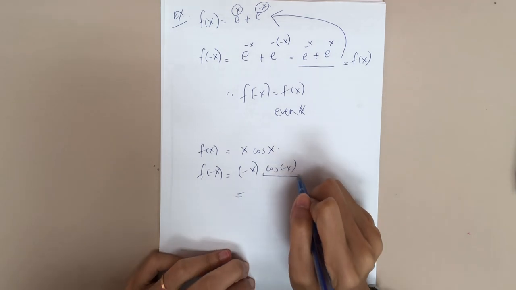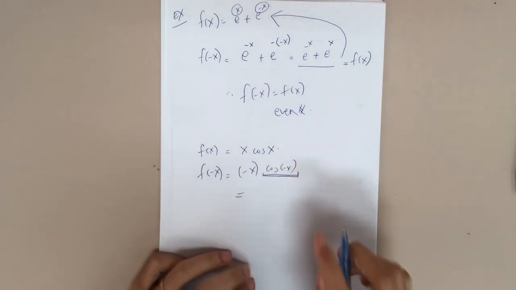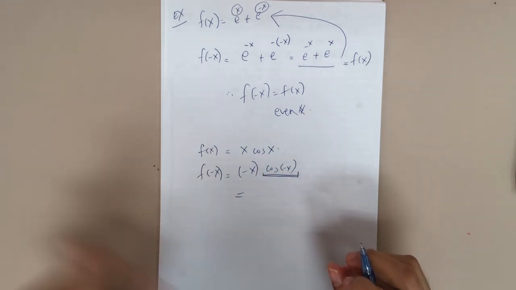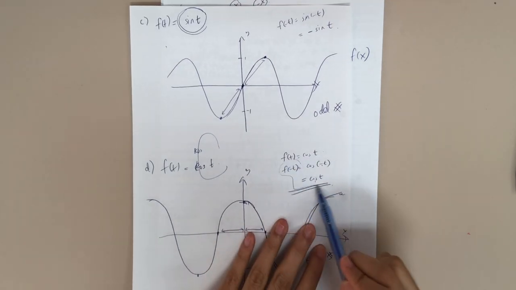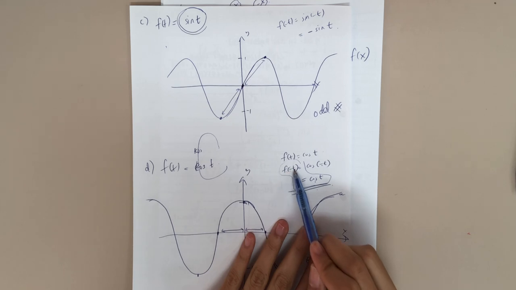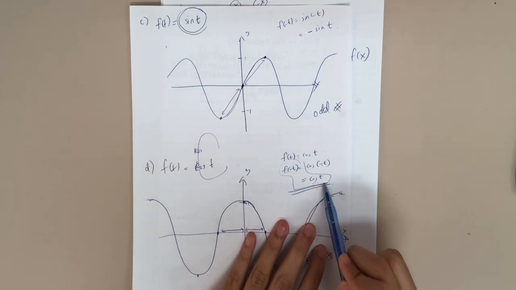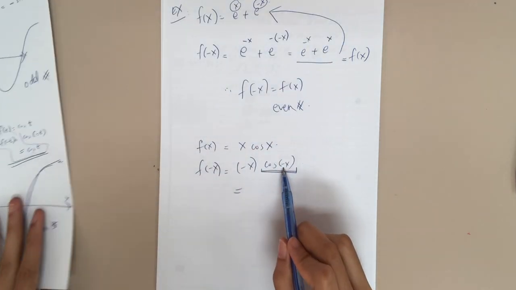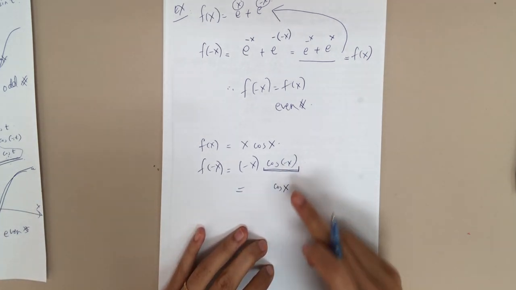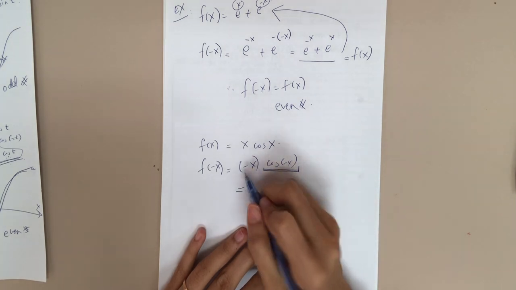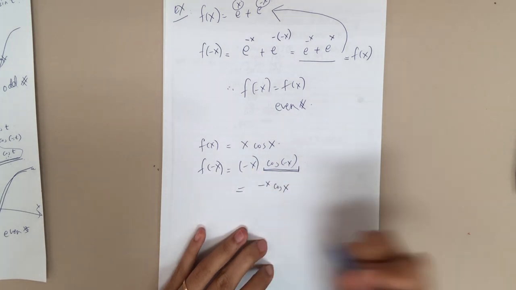We already know that cos x is even, so cos of negative x you just replace with cos x, and this remains as negative x.